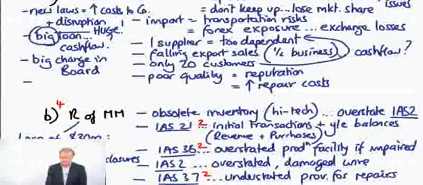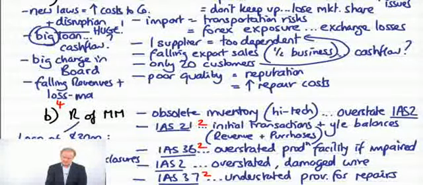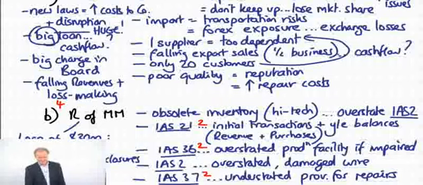Business risks: falling revenues, and the company is loss-making. That is a risk. You can't keep that going forever. You've got to turn it back into profit at some point soon.